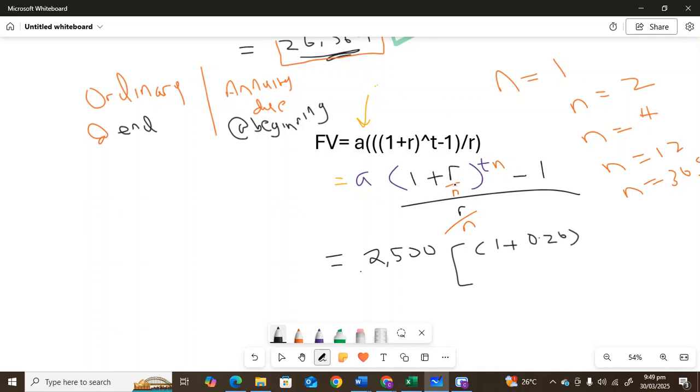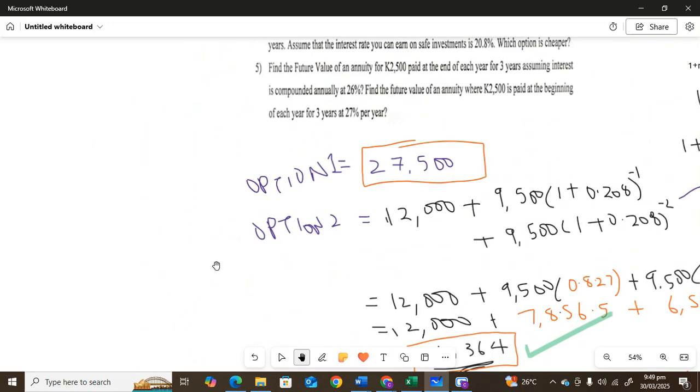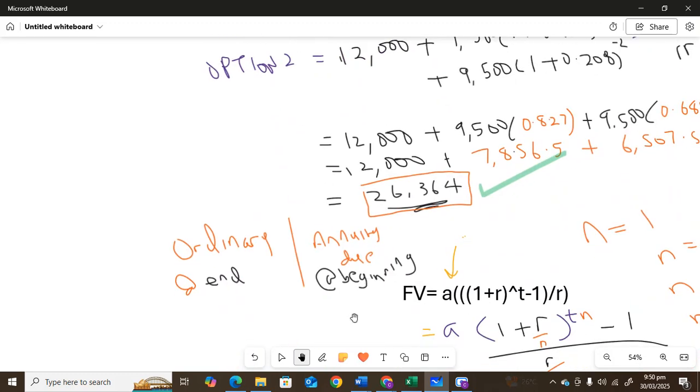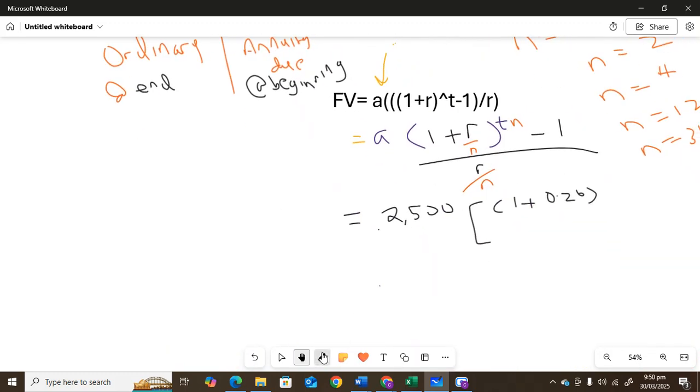To the power of, since they said 3 years, this is the time here, 3 years. So 3 times 1, that is 3. Minus 1, divided by the rate 0.26.